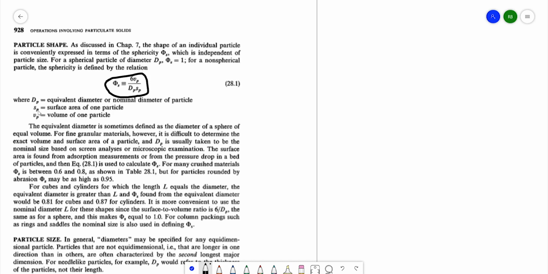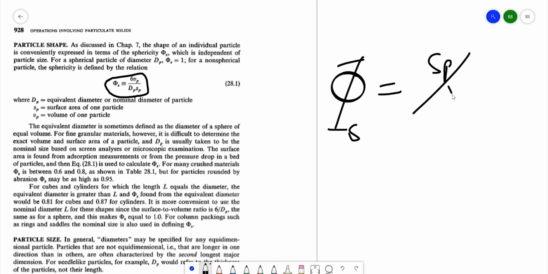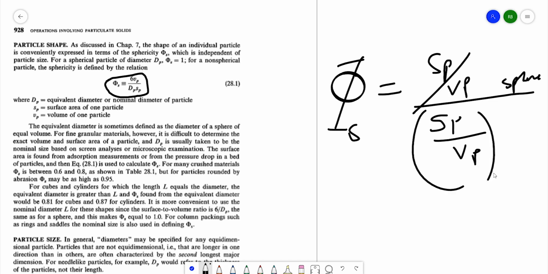Volume of one particle. dP is the equivalent diameter or nominal diameter of the particle. I told you phi s is equal to SP by VP of the sphere, and SP by VP of the particle you are going to define the sphericity for.